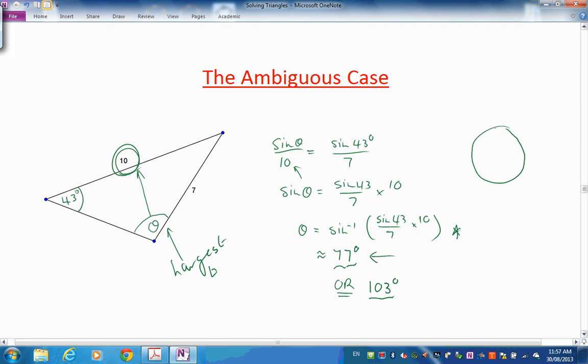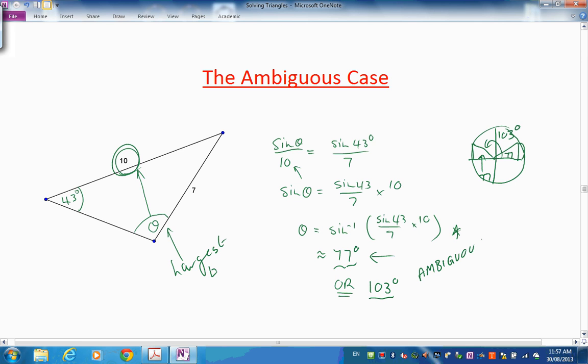But of course, going back to our circular function work, if that's 77, there's another one over here, congruent triangles, that's 77 in there. What is it? 103. That would have the same size sine, and we don't know. Ambiguous.